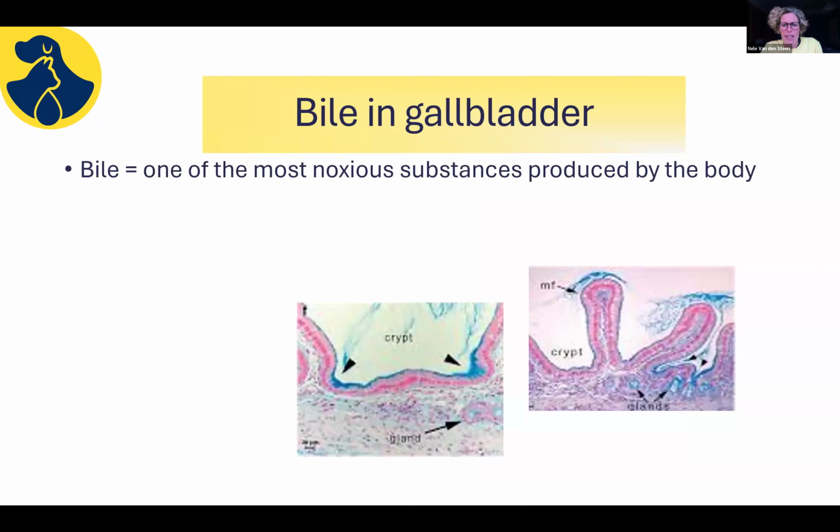Now, what that means as well is that those bile salts and that bile is a very toxic substance, because a lot of our tissues can be digested if they come in direct contact with the bile.